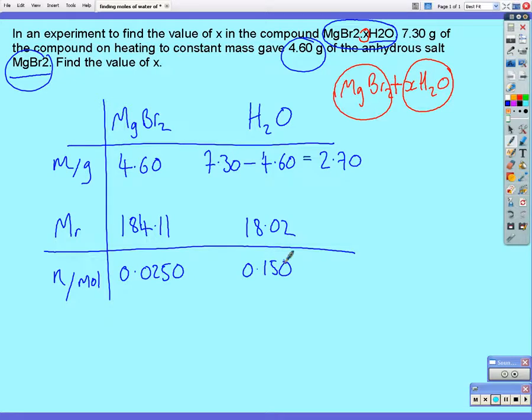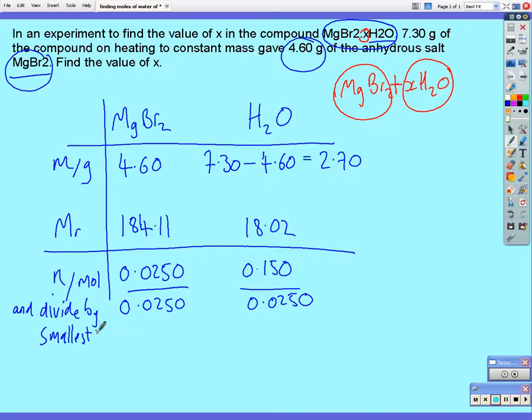If we then divide by the smallest being this one, 0.0250, divide it by itself, and divide this by 0.0250. So we've got number of moles, and divide by smallest.